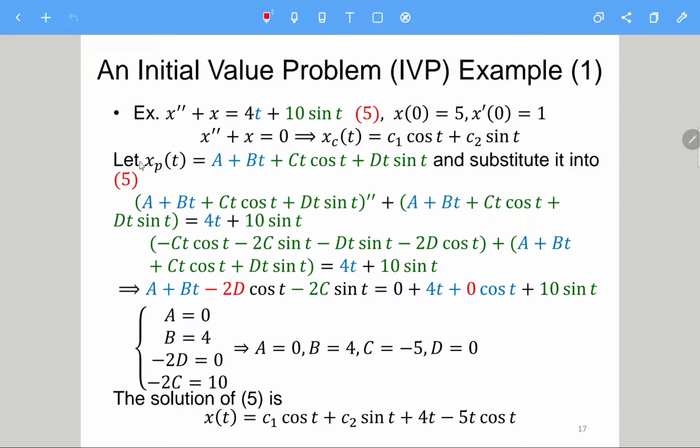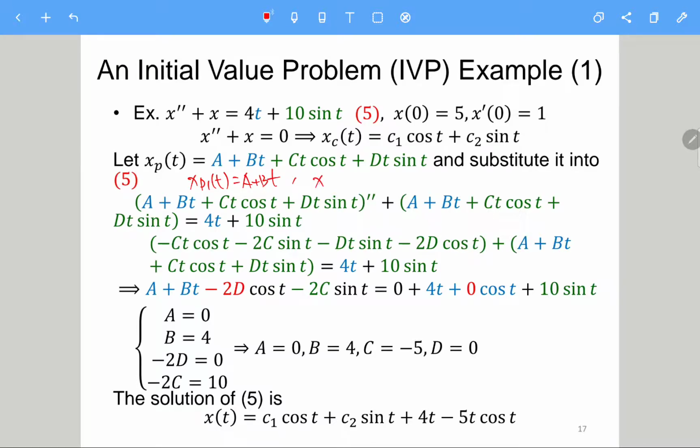The next step is to assume the particular solution. Actually, you can do it one by one. You can have x_p1 of t equal to a plus bt, and then plug it into the original equation without this term, and then you may be able to find a and b.